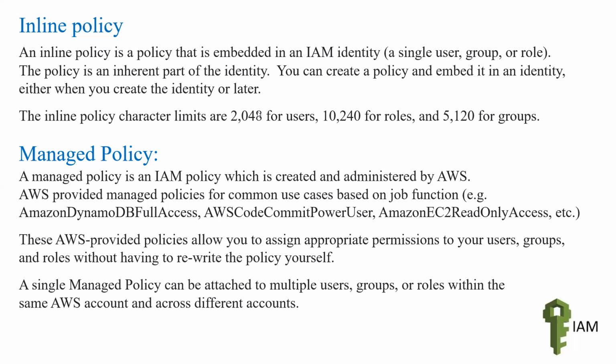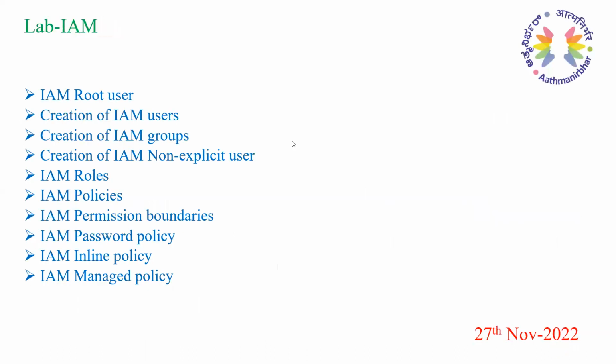Still, if you find any additional deletion, modification that needs to be done, yes, that can be performed. A single managed policy can be attached to multiple users, groups, or roles within the same AWS account and across different accounts. So let's go and perform all these exercises to understand better in the lab.